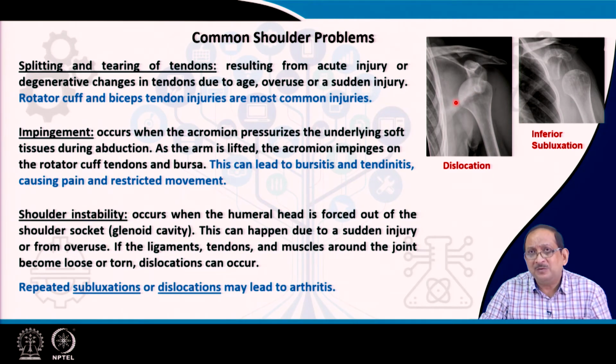It has come out anteriorly, whereas in the inferior subluxation, the humeral head has come out and fallen down towards the inferior direction. So, repeated occurrence of subluxations and or dislocations may actually lead to arthritis.